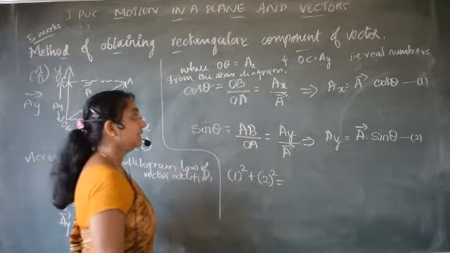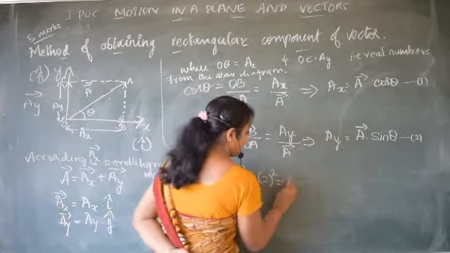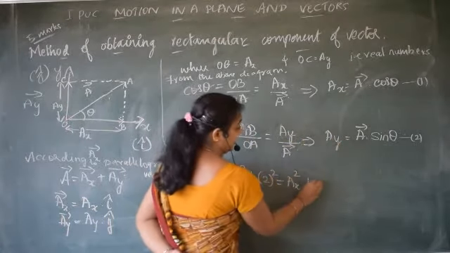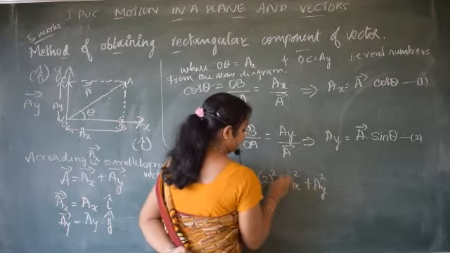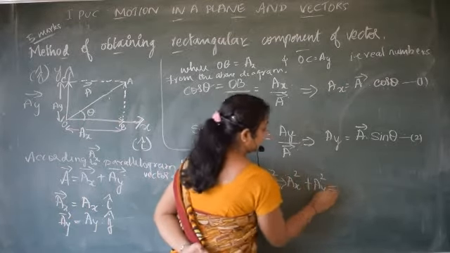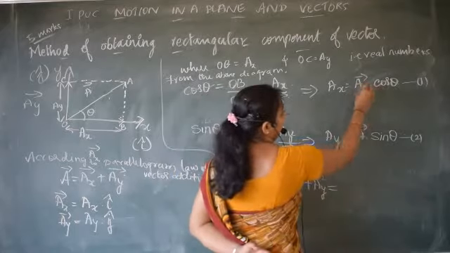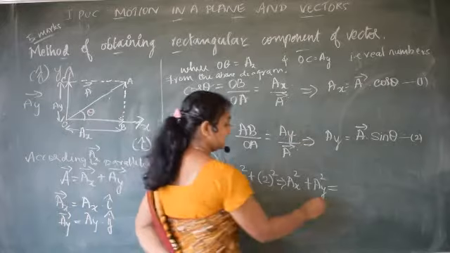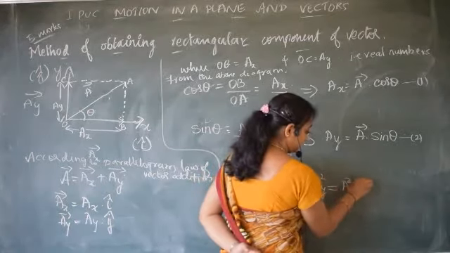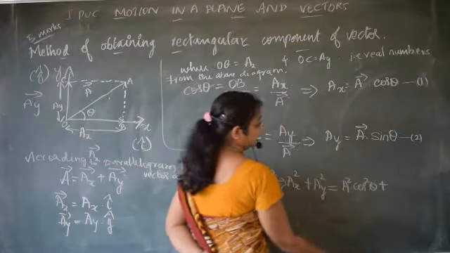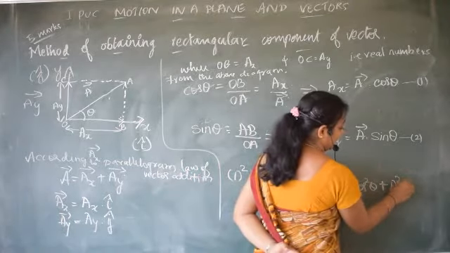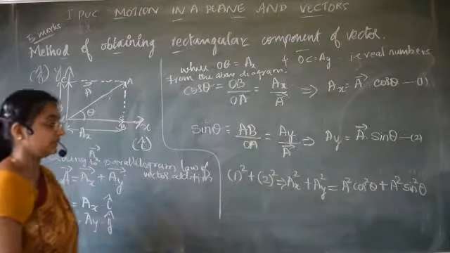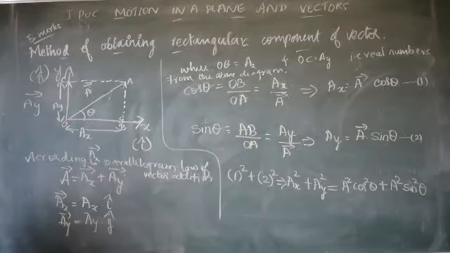Then what do we get? AX square plus AY square is equal to A square cos square theta plus A square sin square theta. Correct? You have to square and add.